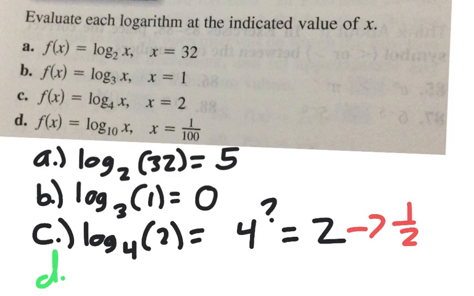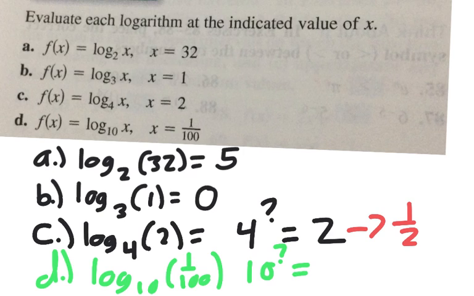Okay, and then D part, I've got log base 10 of 1 over 100. So this is saying 10 raised to what power is 1 over 100? No, because that would be taking a 10th root.